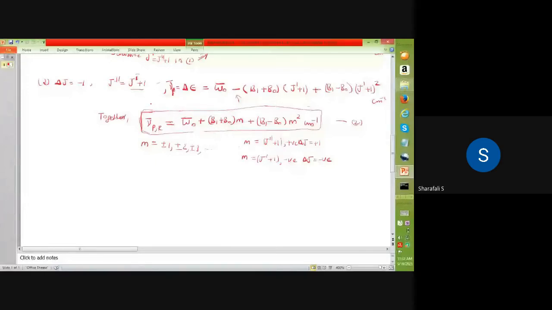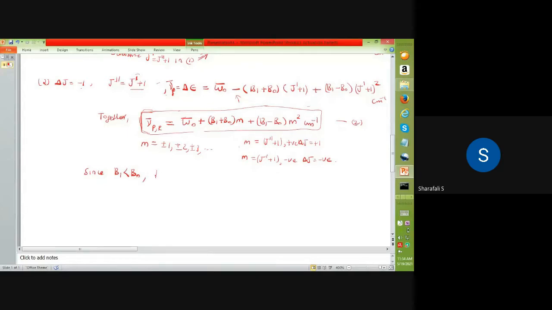And in this case, B1 is always less than B0. We already discussed B0 is greater than B1 because r will be smaller for the ground state vibrational level. So B0 will be larger in that case, so B1 is less than B0.